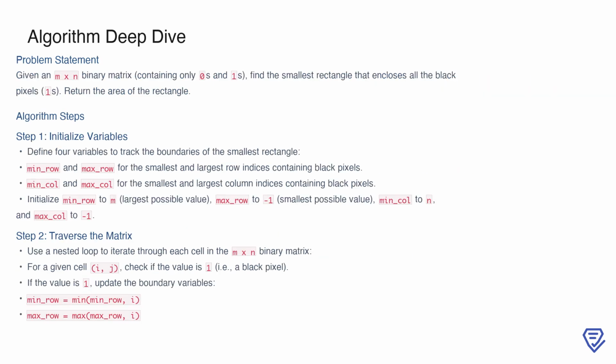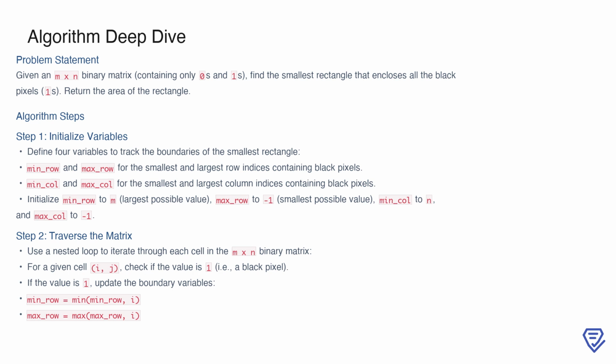The problem requires us to find the smallest rectangle that encloses all the black pixels in a given binary matrix. Each cell in the matrix is either 0 or 1, where 1 represents a black pixel. The output should be the area of this rectangle. To solve this, we start by defining 4 variables, min_row, max_row, min_col, and max_col, which will track the boundaries of the rectangle.